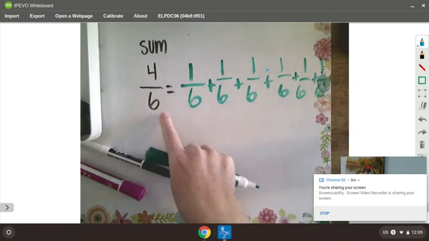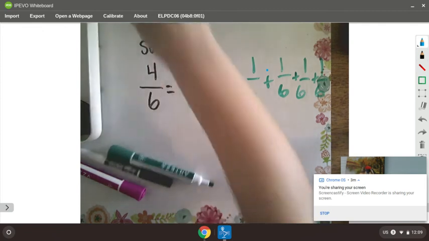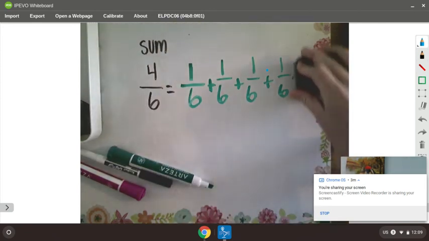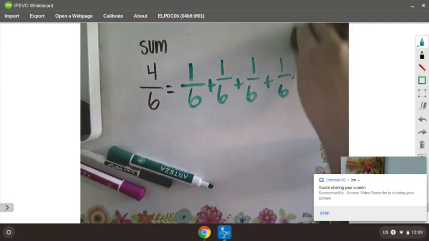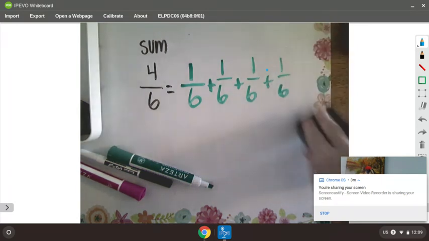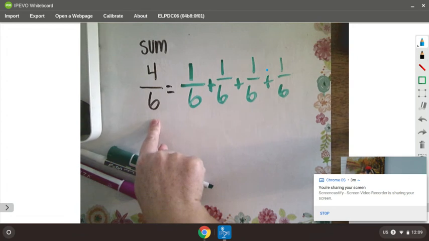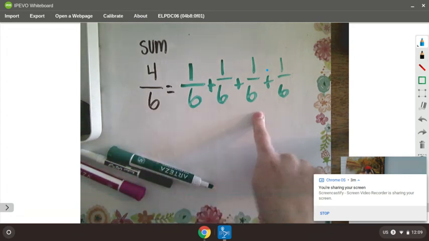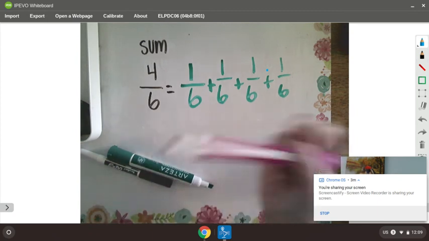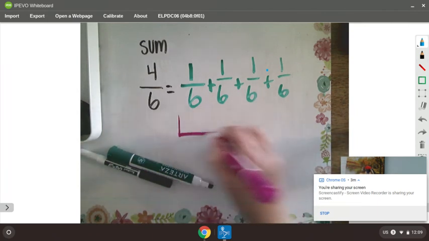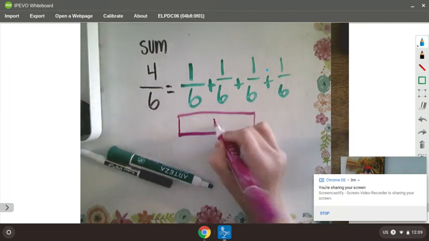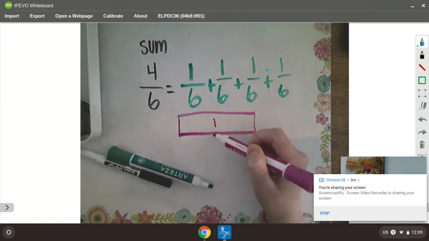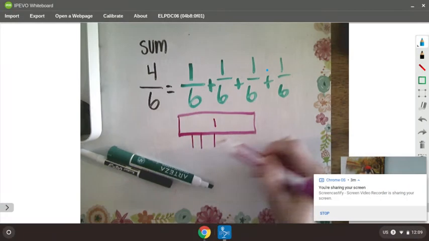Nope, Mrs. Slattery did that incorrectly. 1, 2, 3, 4. We only need 4. I did 6/6, I made the whole. We only needed 4/6, so we have 1/6, 1/6, 1/6, 1/6. There was a model drawn for you where they always show you compared to the one whole, and underneath they broke it down into the sixths.